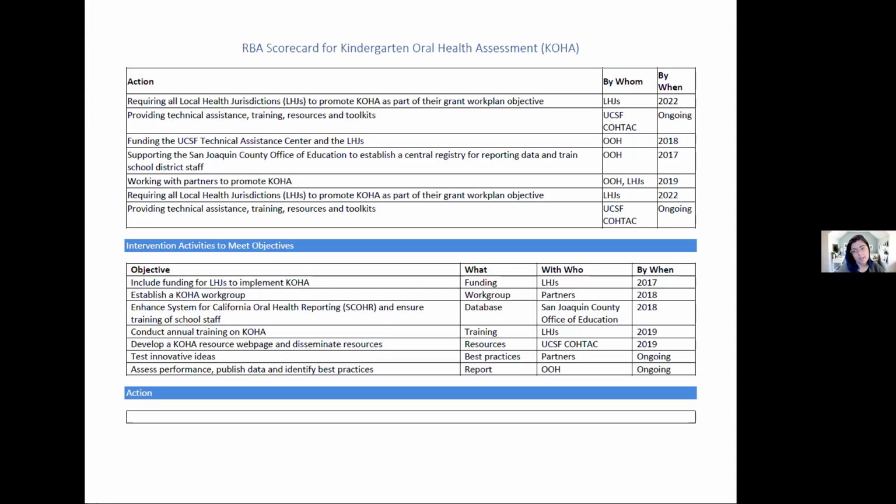Do you want me to jump in? Yeah. Okay. So we haven't, as the Office of Oral Health, met with the School Boards Association in a long time, and that was pre-Dr. Kumar coming here.